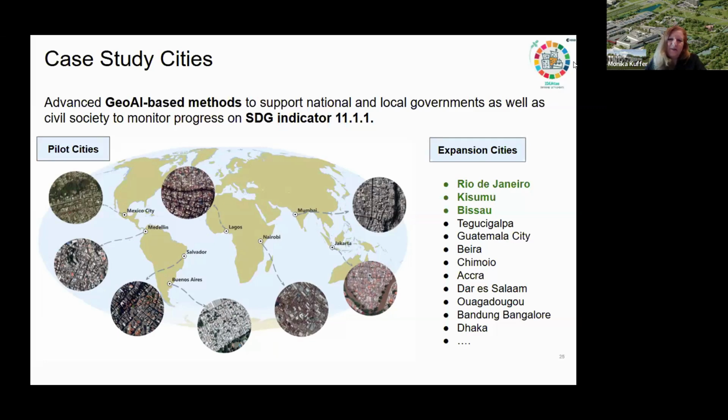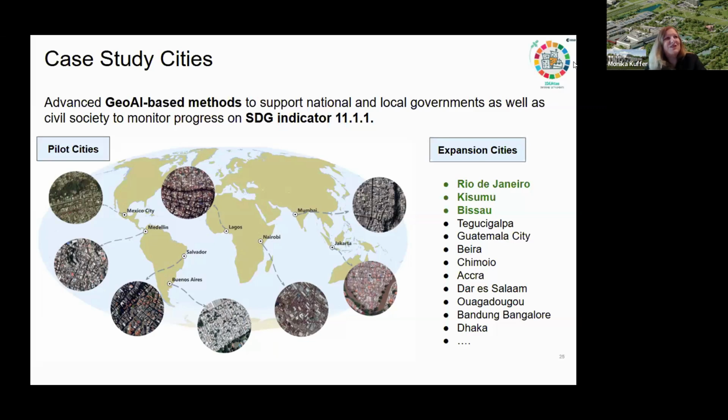So we start with a set of pilot cities, which are 8 diverse cities. You can criticize their selection, which has to do with them being mainly primary cities, because this was our first starting point of getting access to data and access to stakeholders. But we also started with the more difficult to map cities and the easier to map cities.